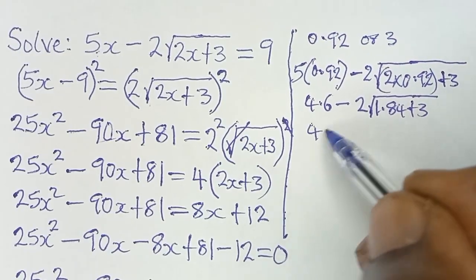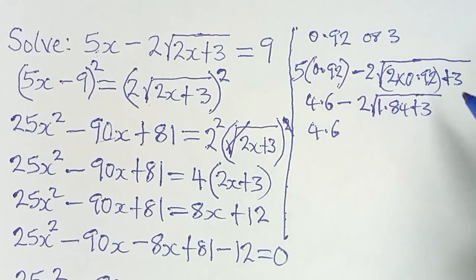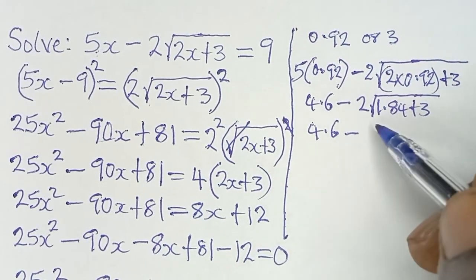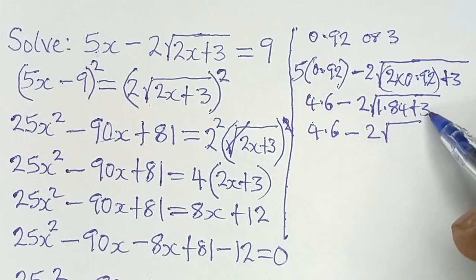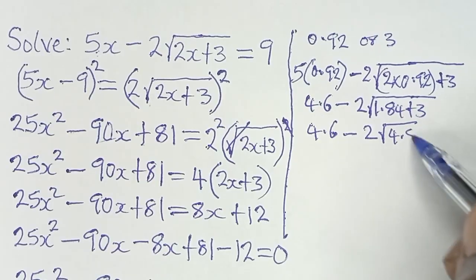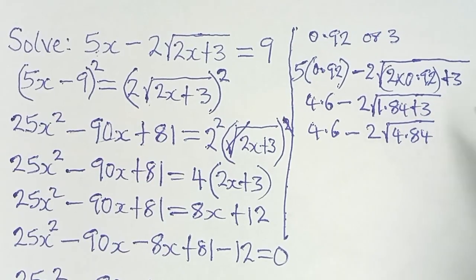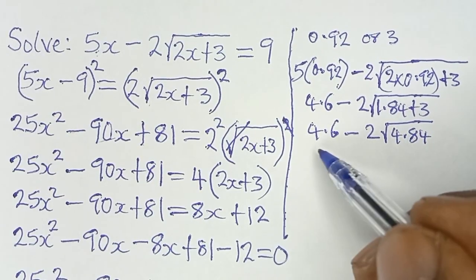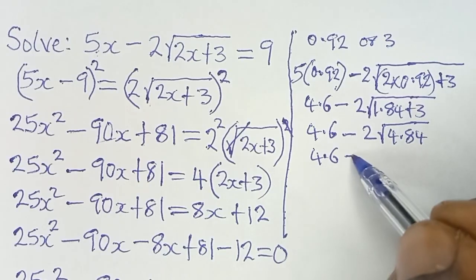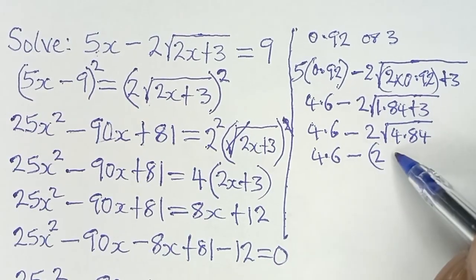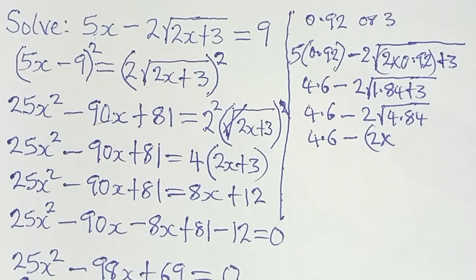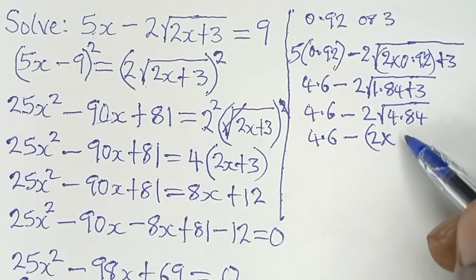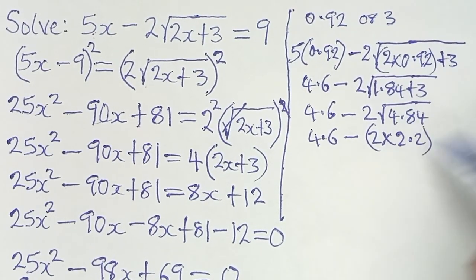So I have 4.6 minus 2 multiplied by the square root of 4.84, which will give us 2.2.